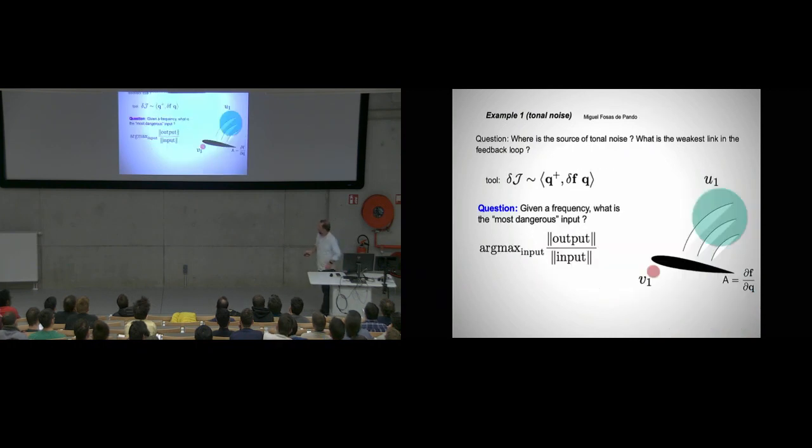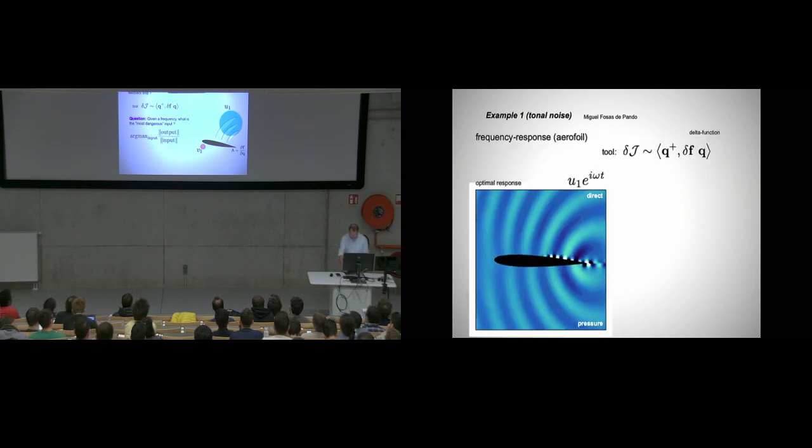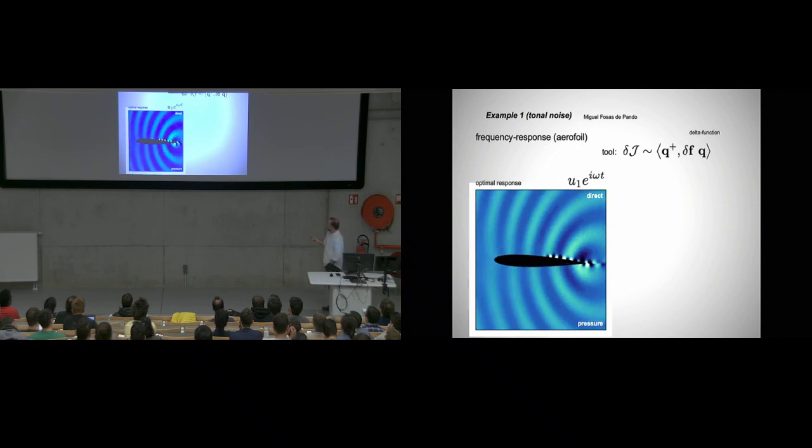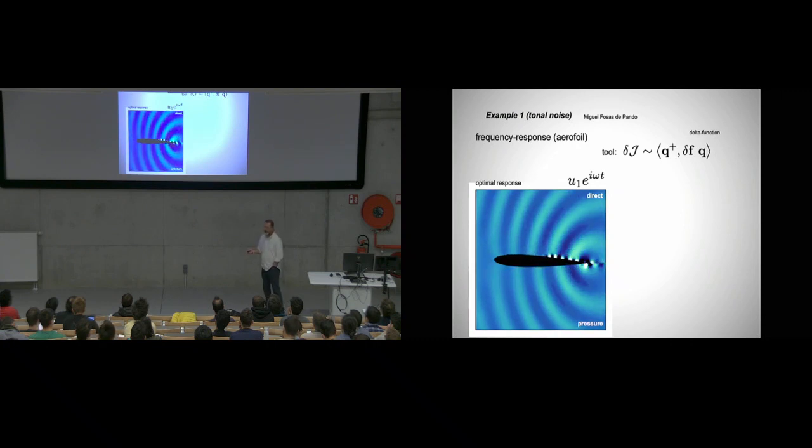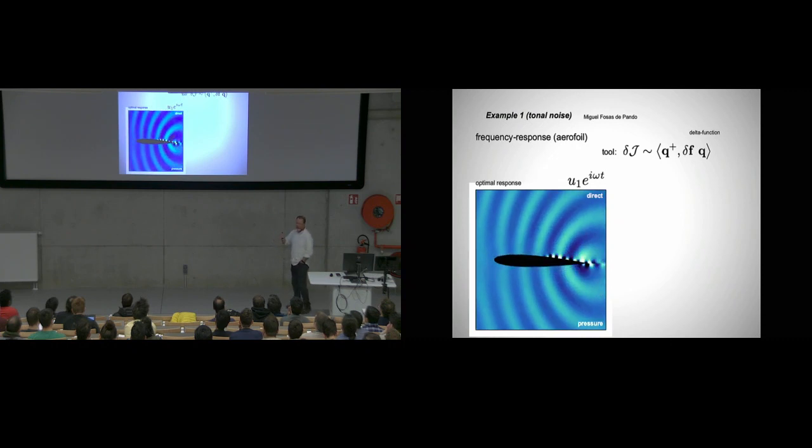So the way we do that one is we use our sensitivity analysis between the forward solution and the adjoint solution, and we ask the question, given a frequency, so this is the resolvent analysis, what is the most dangerous input? If you do that one, this is the optimal response, the things that come out that are stimulated at a specific frequency the most.